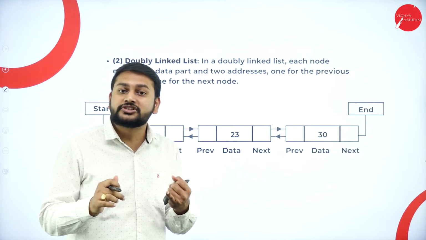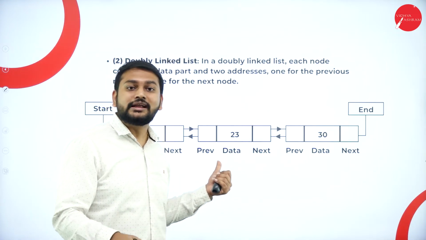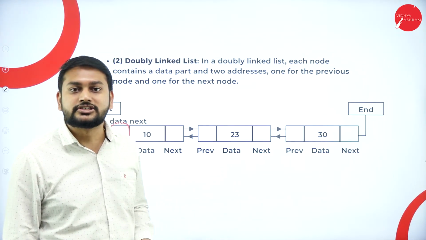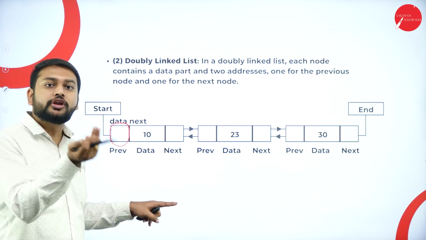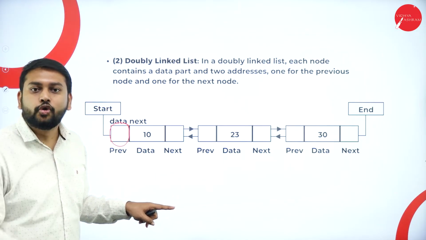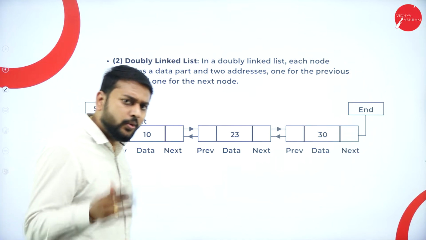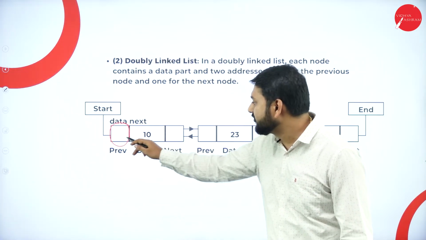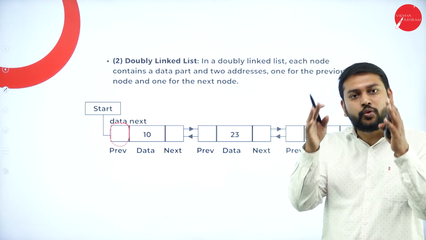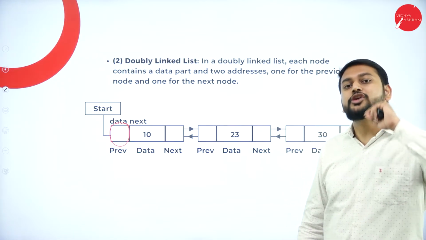The memory wastage is more in the doubly linked list compared to the singly linked list because we are using two references in the node. That is what you need to remember. Sir, what is the reason that you have two references here? Can't you manage with one reference pointing to the next node?